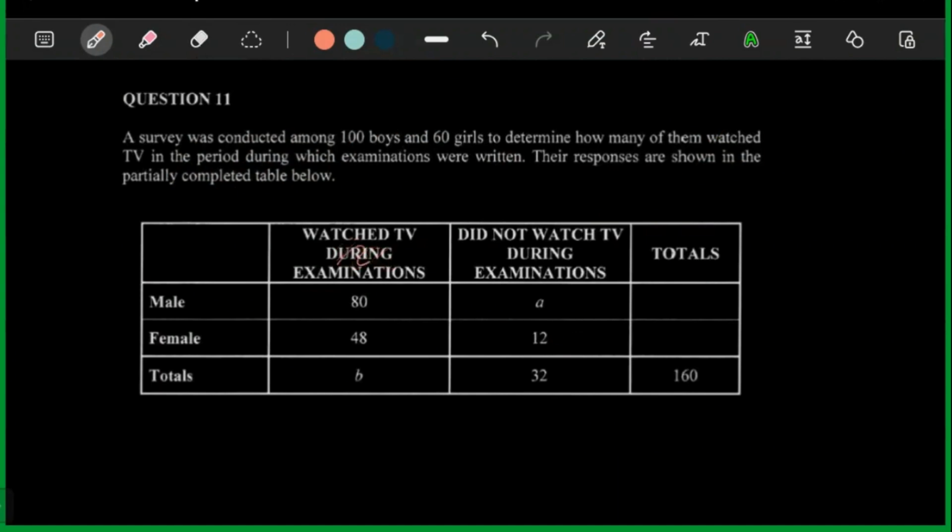So people that watch TV during exams, males will tell you more than females. The total here is these two added together. Then it says it did not watch TV during examinations. There's a number here and a number there, and then this is the total. From left going to right, the total, we're going to write it here. This is telling us we obviously have a total of 160 people.